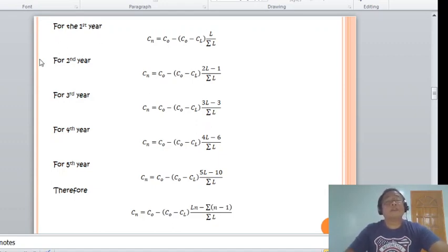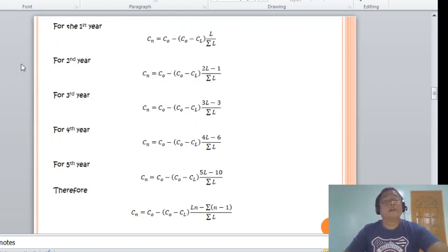For the second year, that is Co minus Cn is equals to Co minus Cl, 2L minus 1 over summation of L. Okay? So take note, class, of the factor. This was also based from the reverse digit.